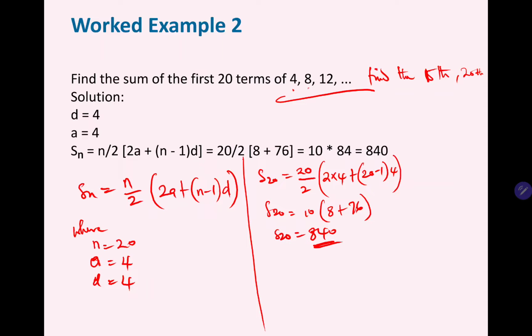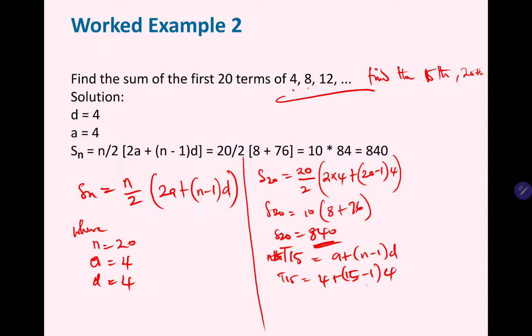Then question 2, we're asked to look for the 15th term. And how do we get the 15th term? We say that in any sequence, the 15th term, let's say T15, is equal to a plus n minus 1 times d. So the 15th term here will now be, the first term is what? 4 plus n minus 1, 15 minus 1, multiplied by 4, which is the common difference.